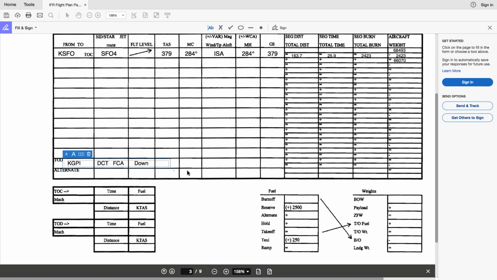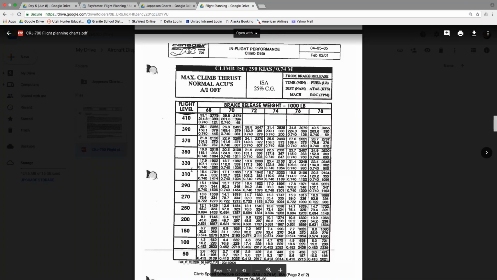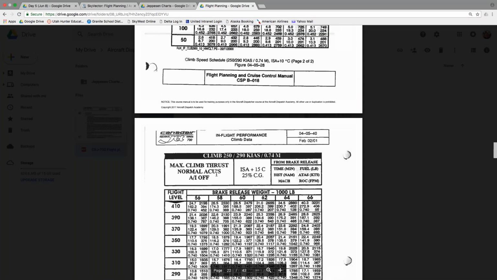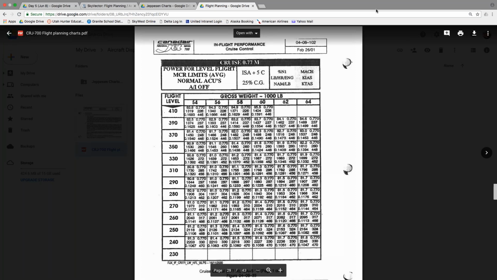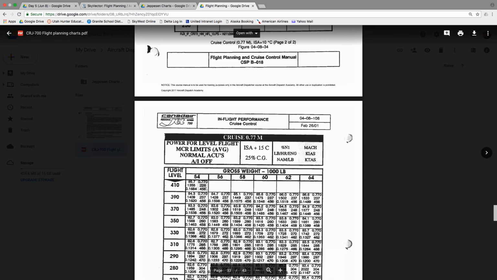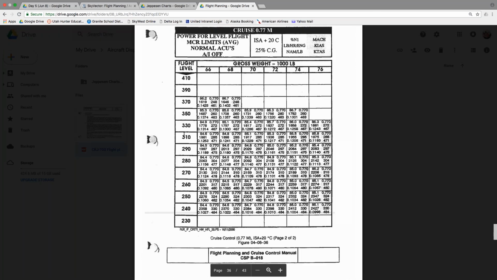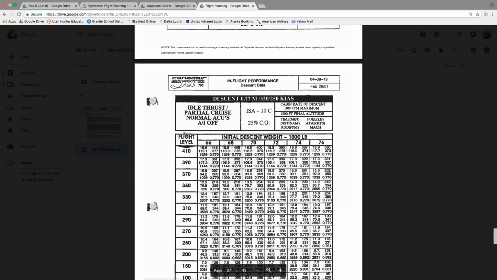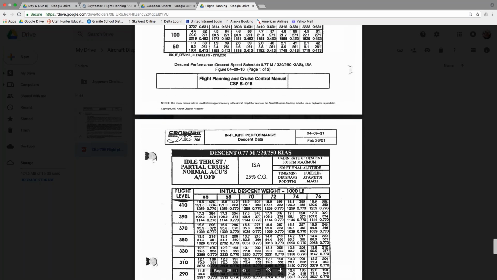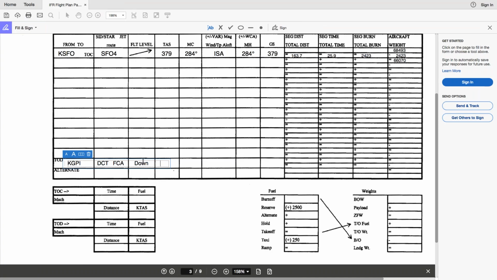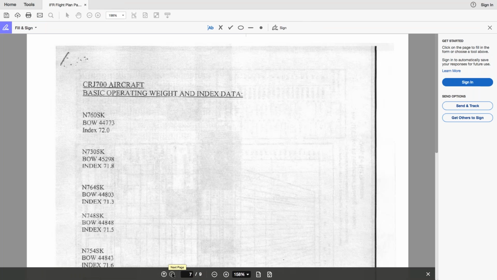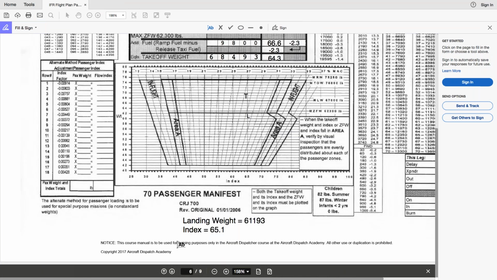Okay, our true airspeed. Let's go back over to our performance cards. Okay, we're going to go to our descent cards. We're using ISA once again because we're using our destination airport's ISA deviation, right? So descent, ISA, and we're going to go to our landing weight that we figured out, 61,193.